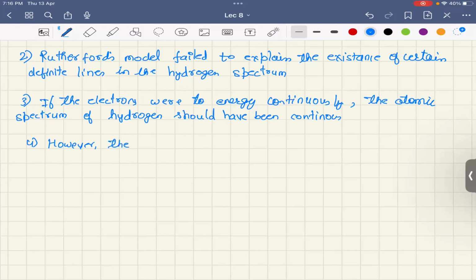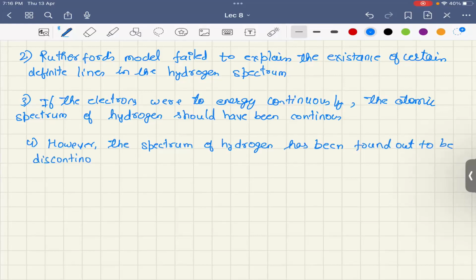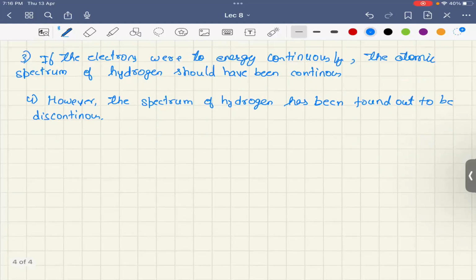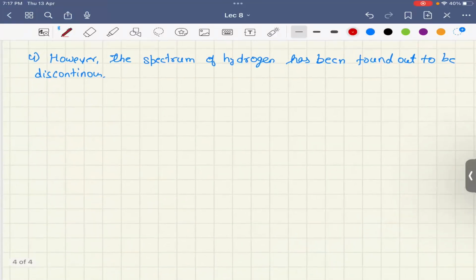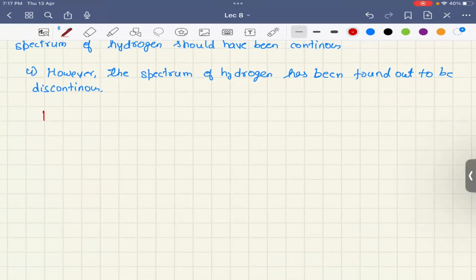The spectrum of hydrogen has been found to be discontinuous. Hence, Rutherford's model could not explain this behavior. Hence, a new theory was required, and this theory was given by Niels Bohr, and it is called Bohr's model of atom. So that is what we are going to study next: Bohr's model of atom.